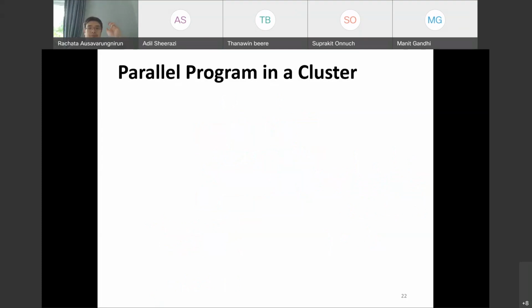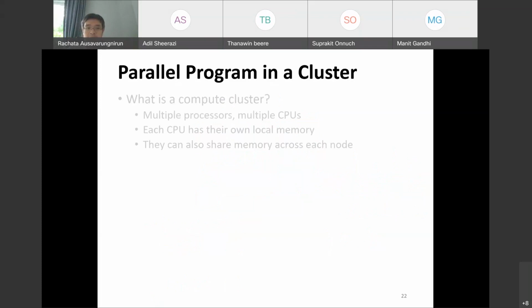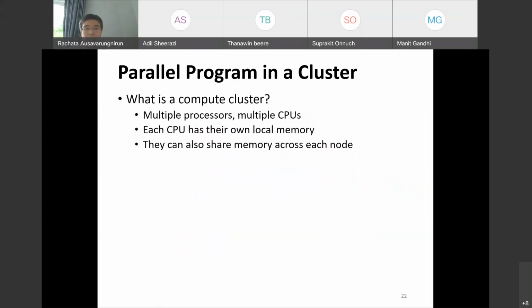The second thing I want to talk about is you can do parallel programming in a cluster as well. So anyone here heard about the word cluster before? A compute cluster is basically a multiprocessor with multiple CPUs, right?